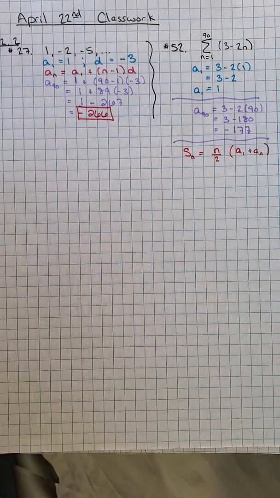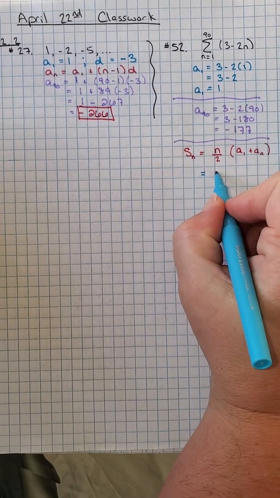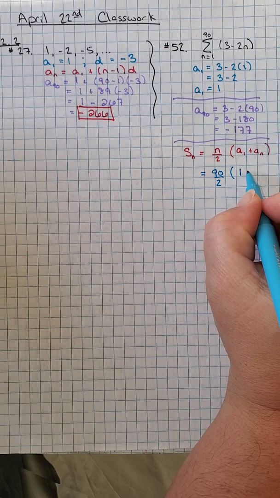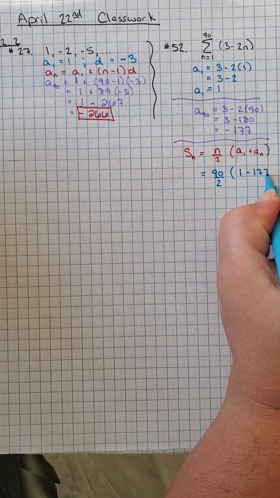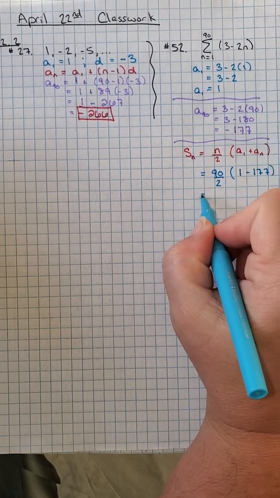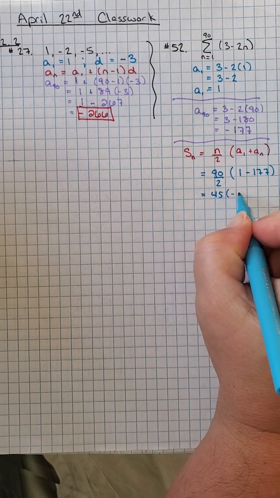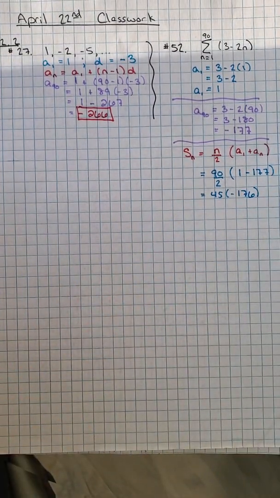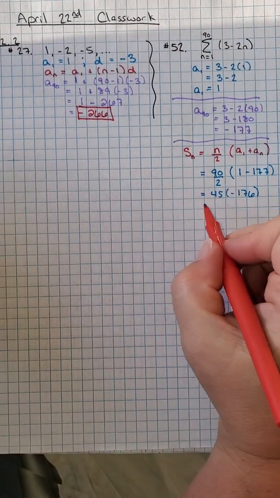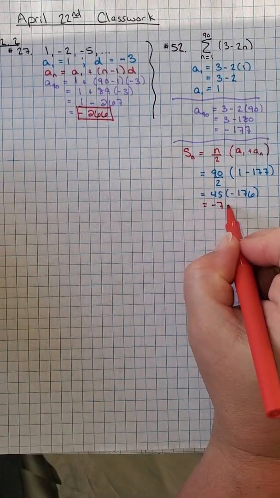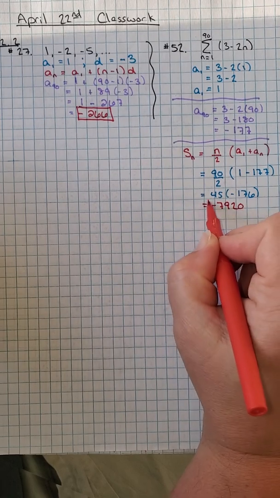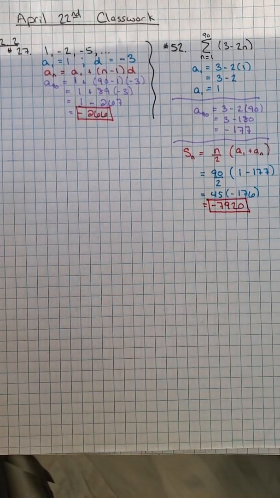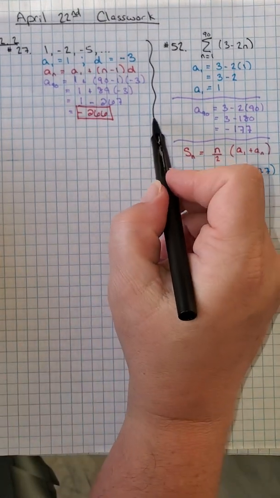So for us, that will equal 90 divided by 2 times 1 minus 177, which is 45 times negative 176, which gives us the answer of negative 7,920. Right, that is number 52 from 12.2.